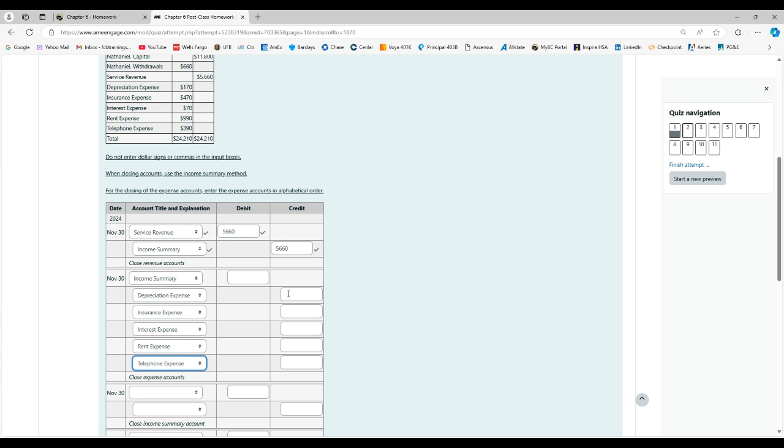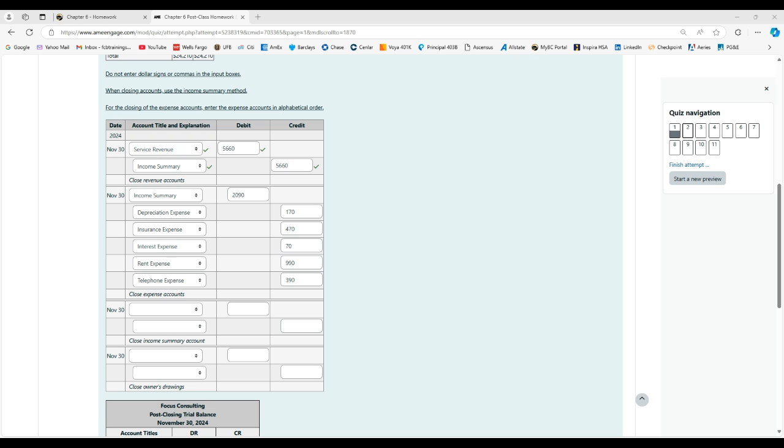That's all of our expenses, and I'm just going off the trial balance here. They're currently debit balances, but to close those all into capital through the income summary, we need to credit those to get them to go to zero. So let me add these all up real quick. The sum of those all comes to 2,090.